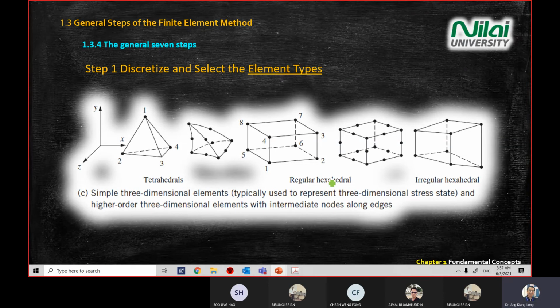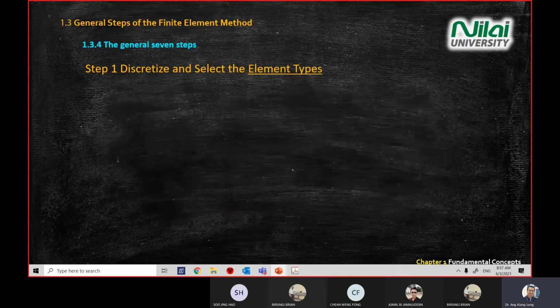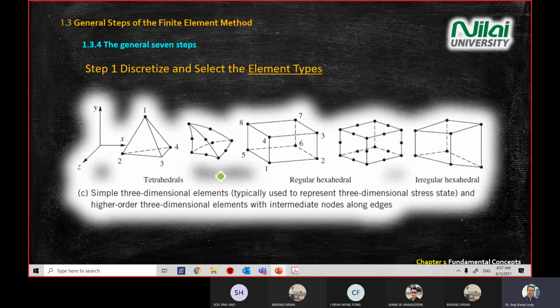Don't worry, most of the time you deal with the 2D cases. However, when you come to your assignment, when you deal with 3-dimensional problems, you will look at tetrahedrals and hexahedrals.